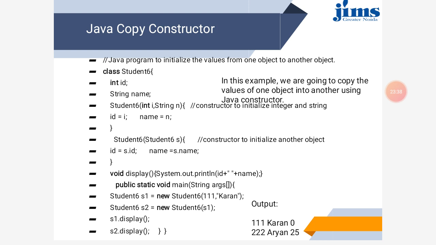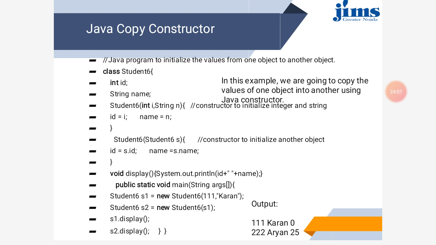And in the second constructor, the parameter is an object of type Student6, and it is also initializing two instance variables, ID and name, with the help of the object.